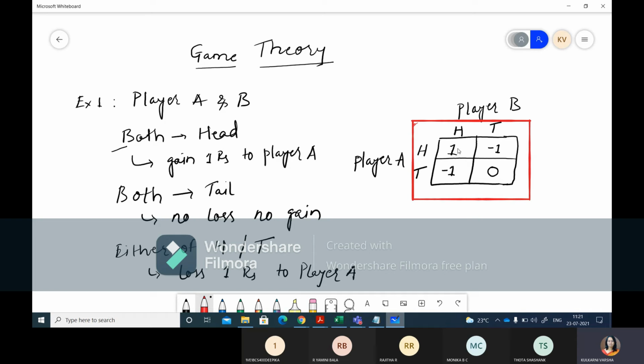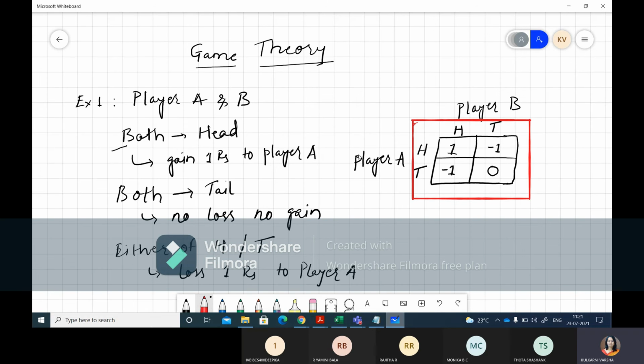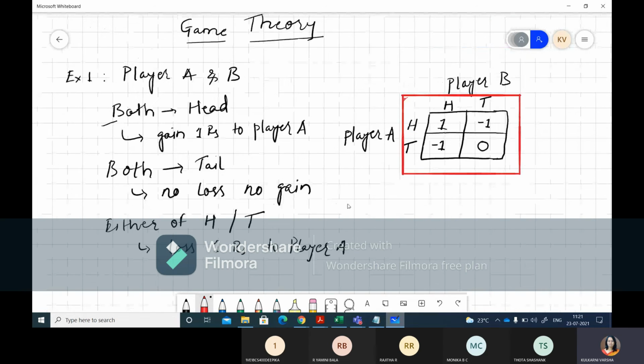And all these values we have put with respect to player A. Generally the payoff matrix which we draw is in terms of the player mentioned on the left side of the matrix. So this is a very simple example we have taken. We'll go for one more example. Is it clear up to this?